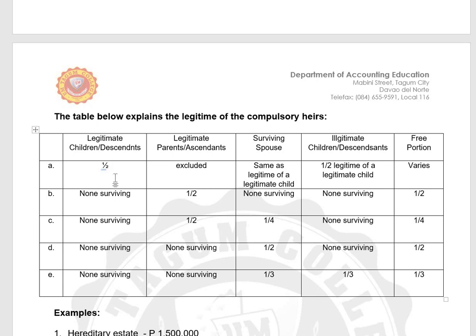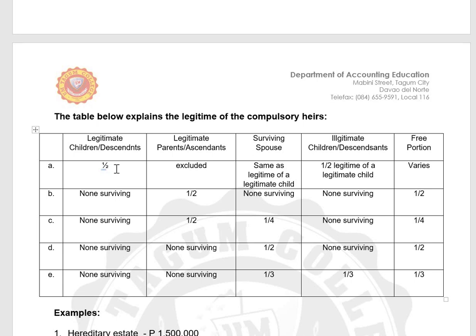So, if more than one yung anak, or legitimate children, no, 1/2 of the entire estate is sa legitimate children. Then, yung 1/2 i-divide siya of how many children does the testator have. Yun siya. So, if dalawa, divide 2. If tatlo, divide 3.